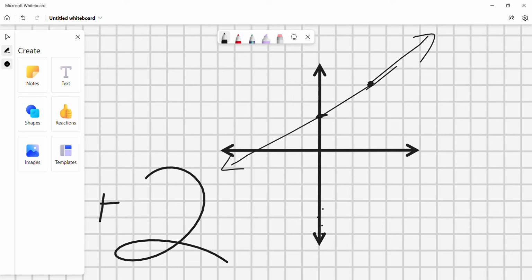I think I did this correctly. Let's see. So is my rise and run down 2 over 3? Close. 1, 2, 3. So it should intersect right here. This should be what my line looks like. I'm going to fatten it up just to give myself a lot of room for errors.